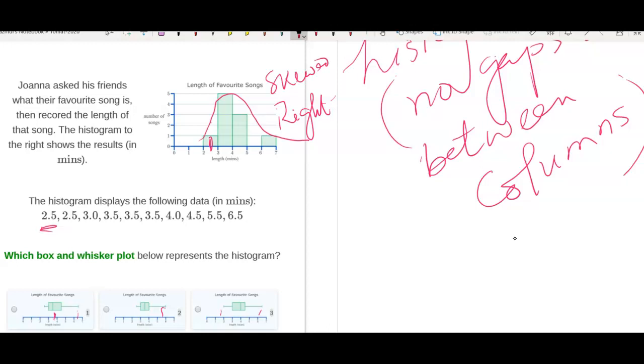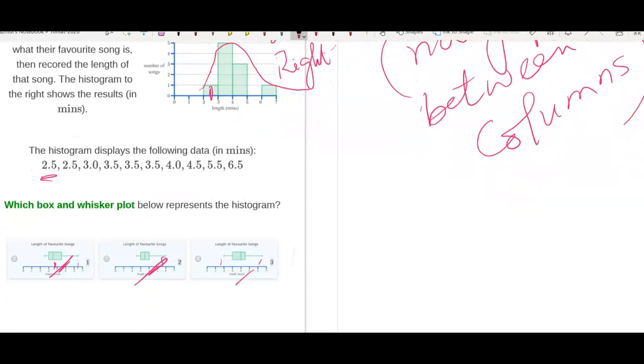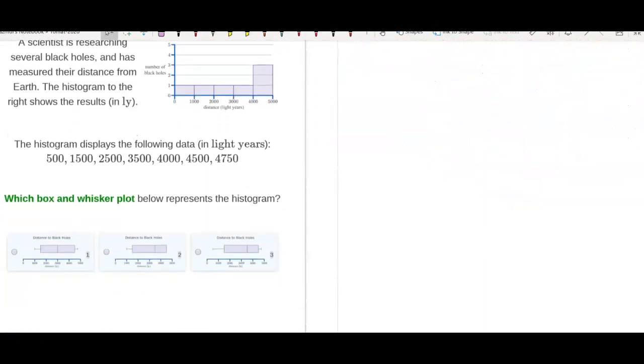Okay, so all the box and whiskers are skewed to the right, so that's not a big help. But if you look at the median, lower quartile, upper quartile, that gives you some idea. Let's do the guessing. I'll keep going.